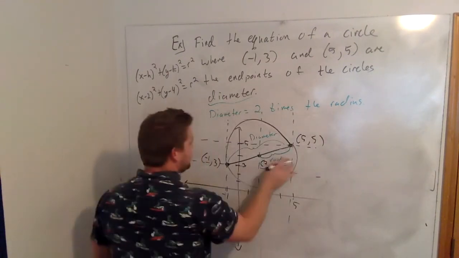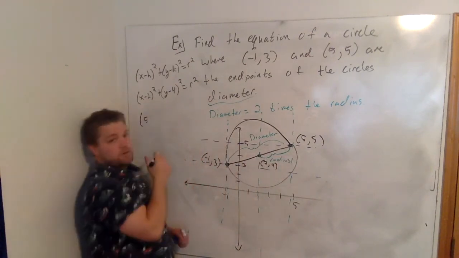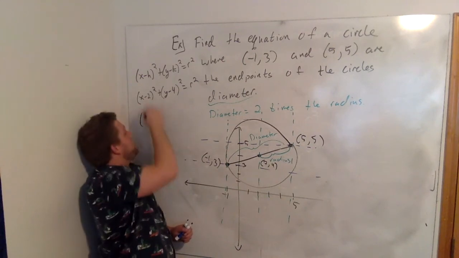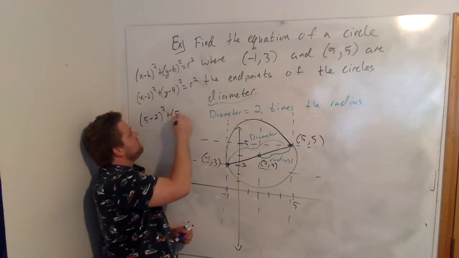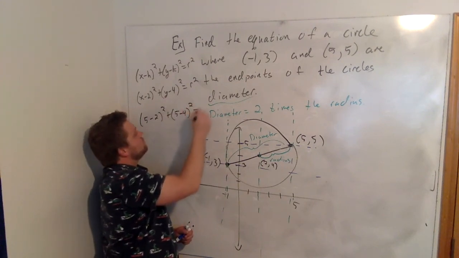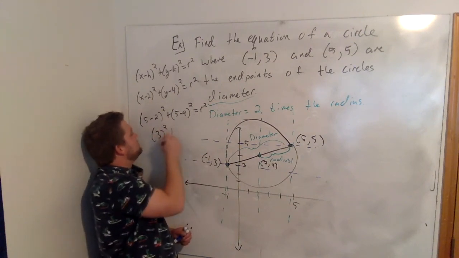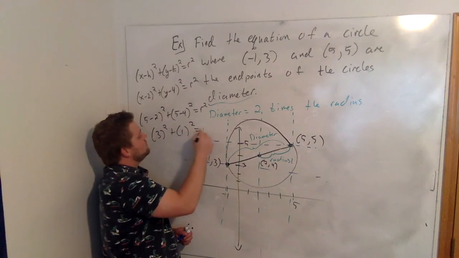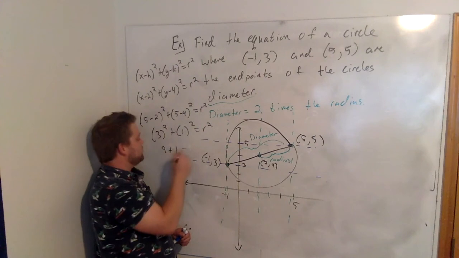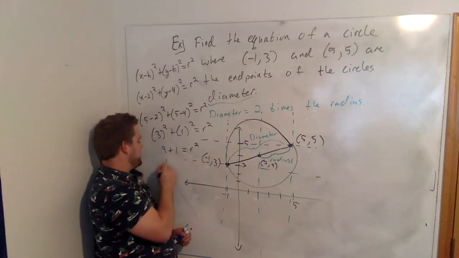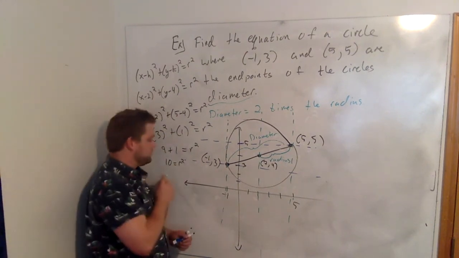Let's try plugging in (5, 5). If we replace our x with 5, sorry, I'm not blocking too much, we get 5 minus 2 squared plus our y coordinate, 5 minus 4 squared, equal to r squared. Well, what is this going to be? This is going to be 3 squared plus 1 squared equal to r squared. 9 plus 1 will be equal to r squared, so we have that 10 is equal to the radius squared.